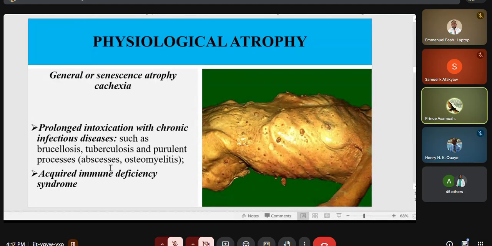For example, AIDS really struggles with the body. The cells will have to dodge the disease, and then they shrink. So that's what happens in AIDS.